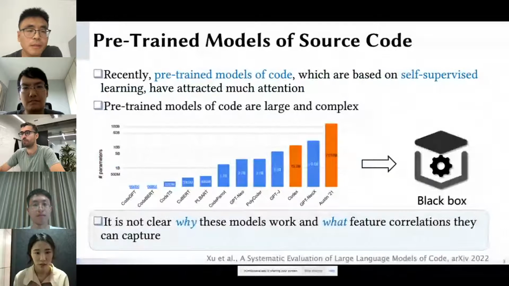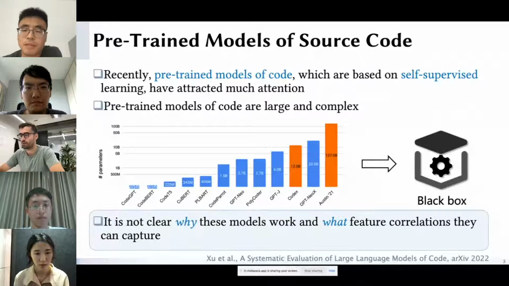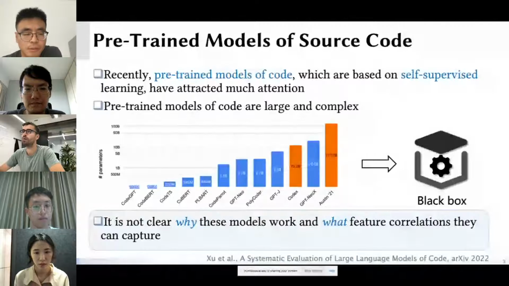Recently, pre-trained language models of source code, which are based on self-supervised learning, have attracted much attention, such as CodeBERT, GraphCodeBERT, PLBART, and many other pre-trained language models for source code. However, these models are always very large and complex, and are considered a black box.